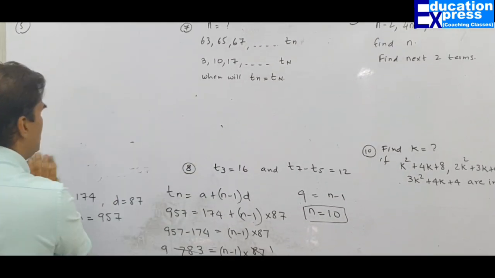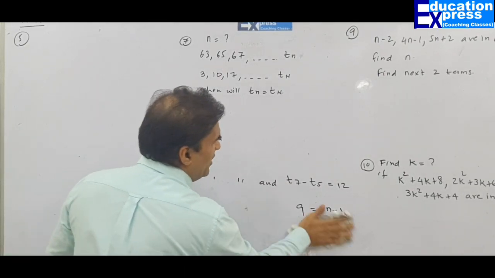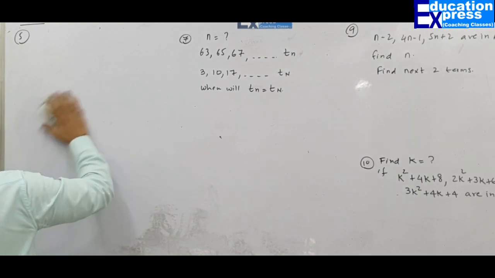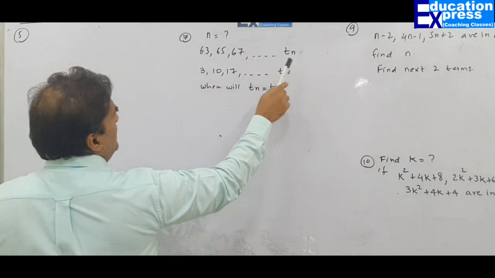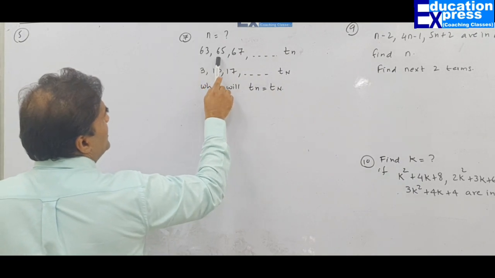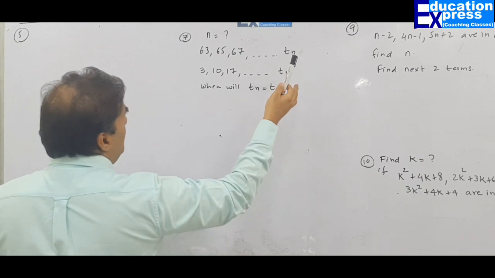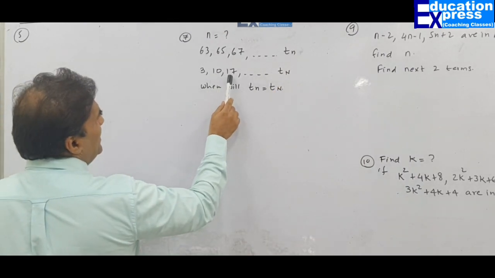Next question, question number 7. Of course, question number 7 is very simple but a little interesting, in the sense that there is a smart interpretation. They are mentioning that we have one series: 63, 65, 67, and so on. We don't know its nth term. There is another series: 3, 10, 17.